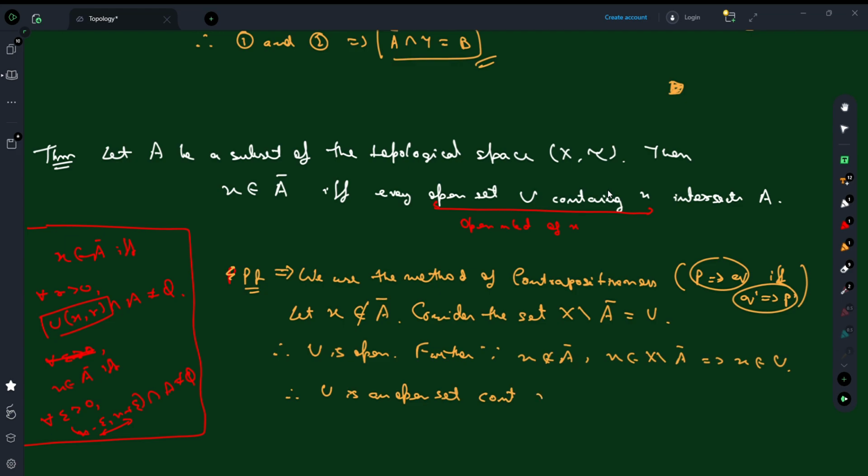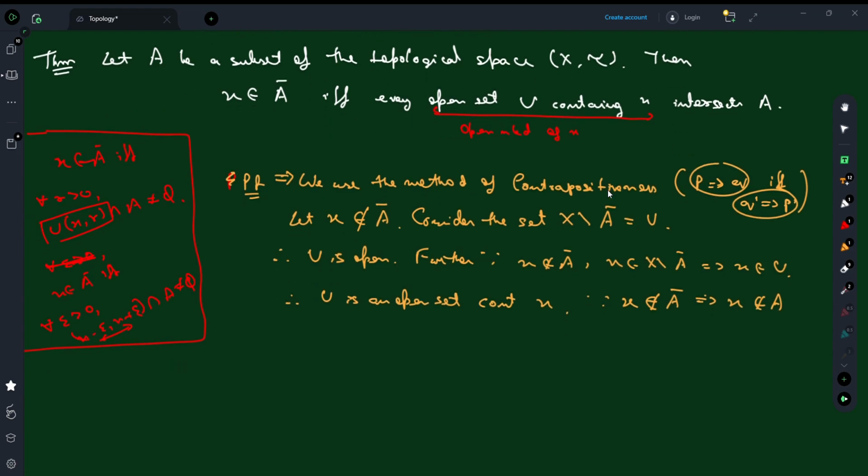We need to show that U does not intersect A, and that is also quite obvious, because since x is not in the closure of A, A is contained in the closure of A. Since U is defined as X minus the closure of A and A is contained in the closure of A, that immediately implies that U intersection A is empty.